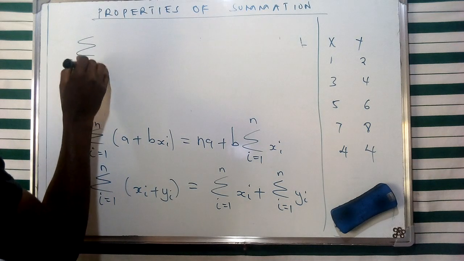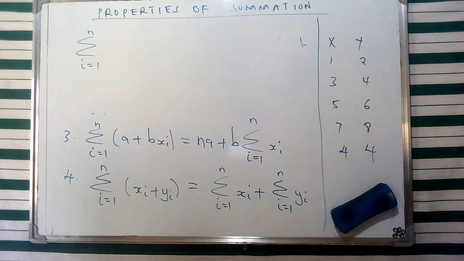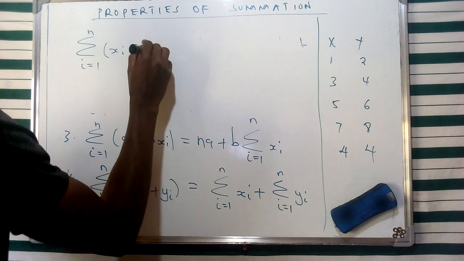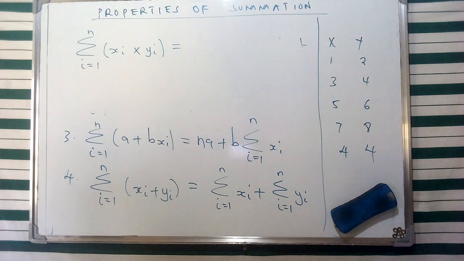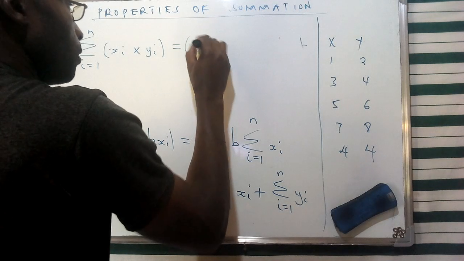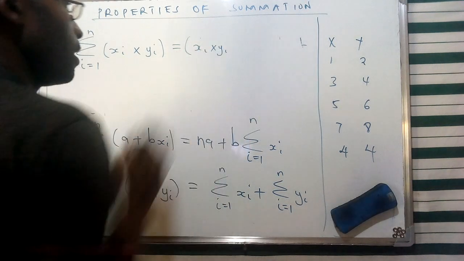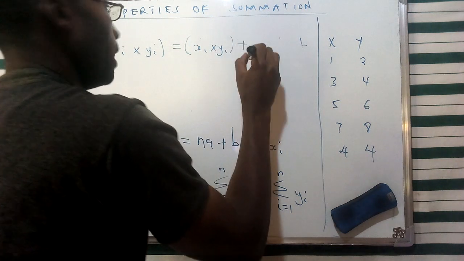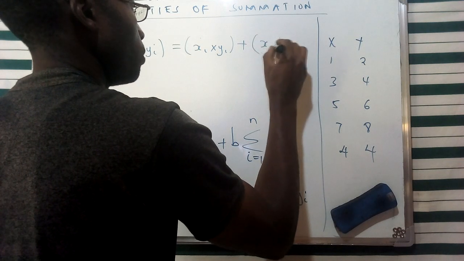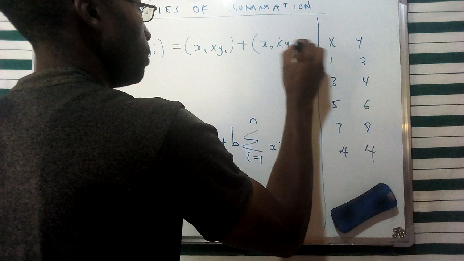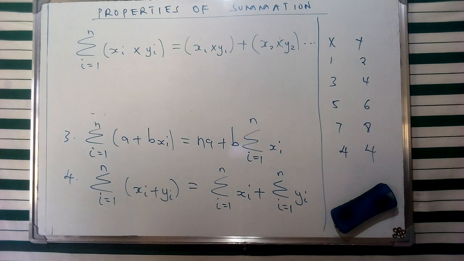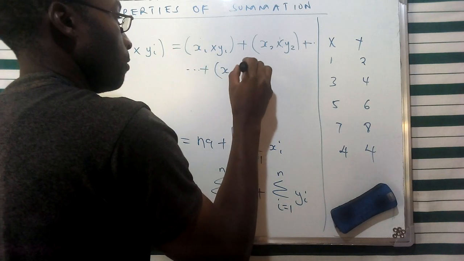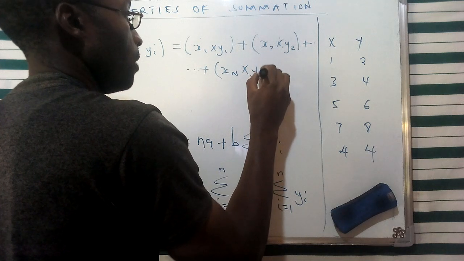For instance, if we have the summation from i = 1 to n of xi times yi, this is going to be given in terms of the product of xi times yi, or x1 times y1, plus x2 times y2, and this is going to go on using that addition sign, plus the last set of values for the product xn yn, given as such.